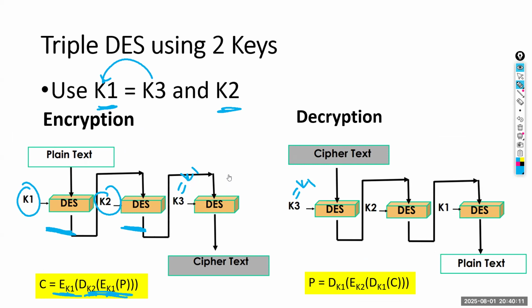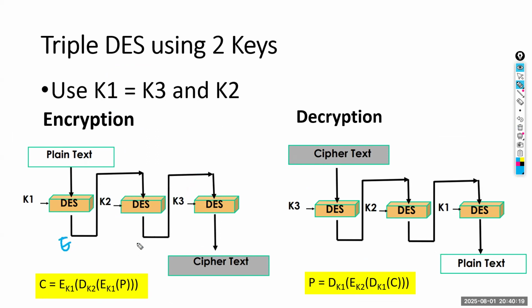So now the reverse process you can always derive by yourself, right? Remember, this is encryption, decryption, encryption. So therefore, this is decryption using K3, is it K1 or K3? I think this should be K3. Okay. K3, this must be K2, this must be K1. This is, of course, when we use two keys.